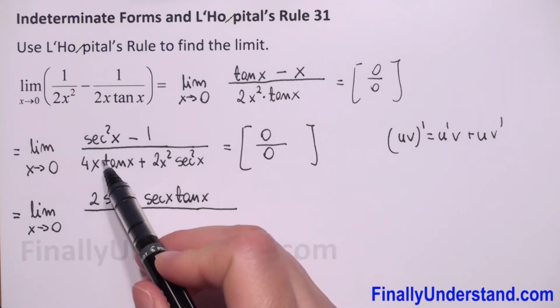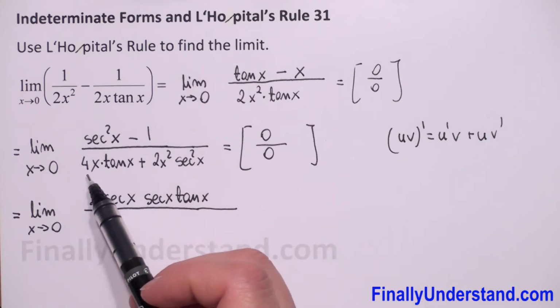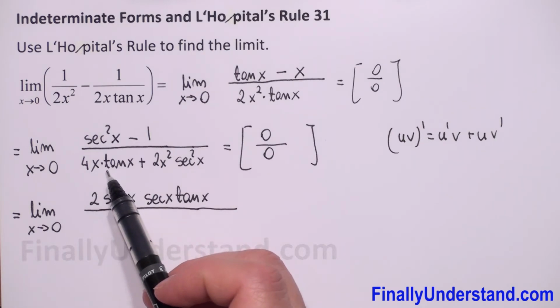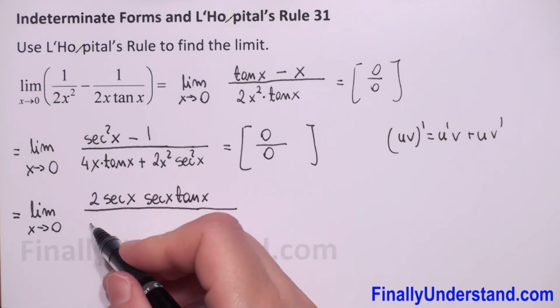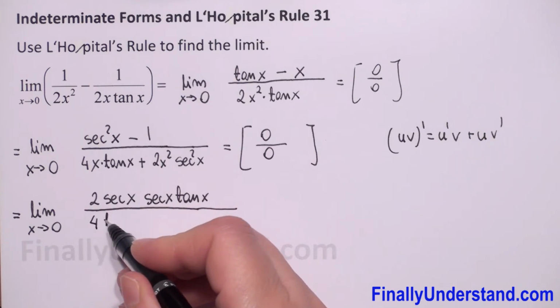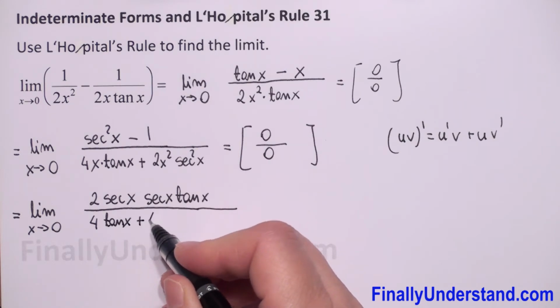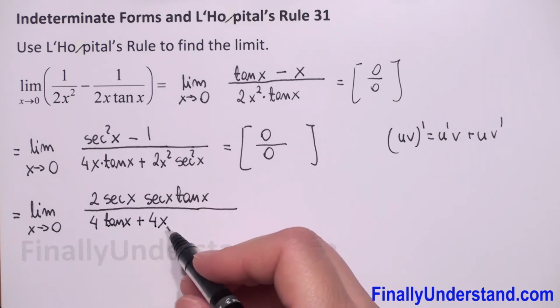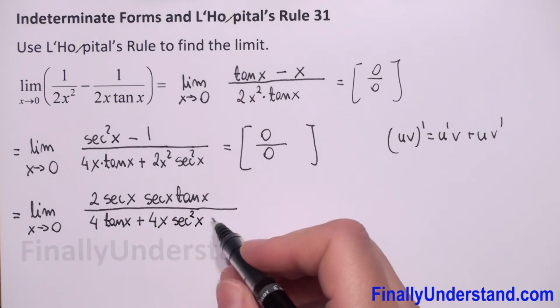And again we have multiplication here, so we have to use this rule. In this case, u is equal to 4x and v is equal to tangent. We have to find the derivative of 4x. The derivative of 4x is 4 times tangent of x plus, we have to copy 4x times the derivative of tangent, which is secant square of x.